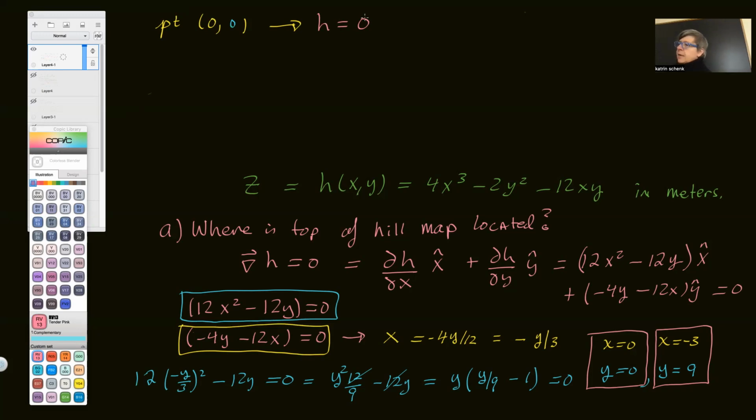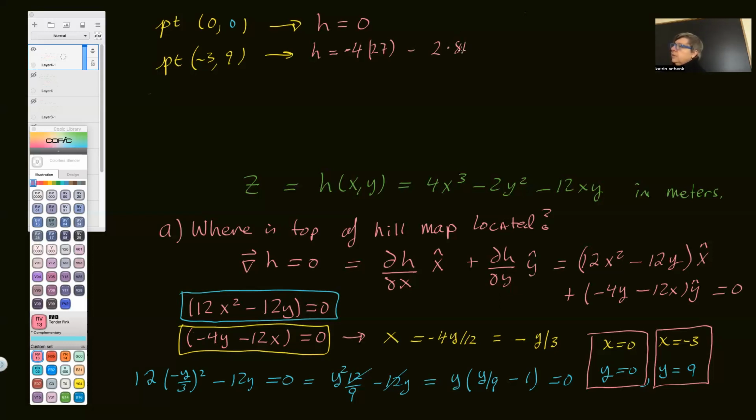And then for point -3, 9. I'm not doing my color coding, sorry. We've got to do a little work. H is equal to 4 times 27, the negative, thank you, minus 2 times y squared.